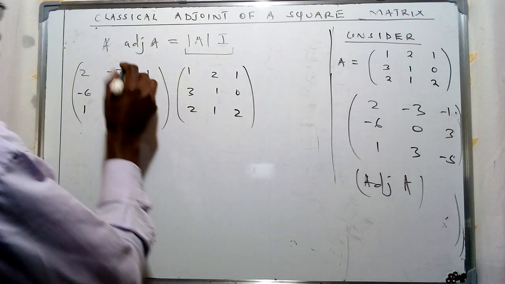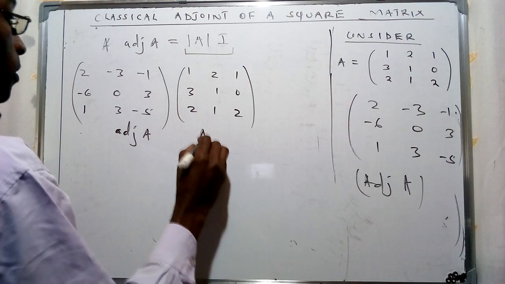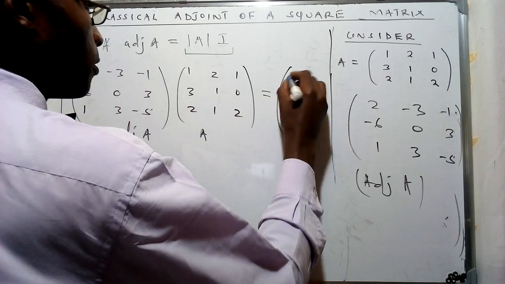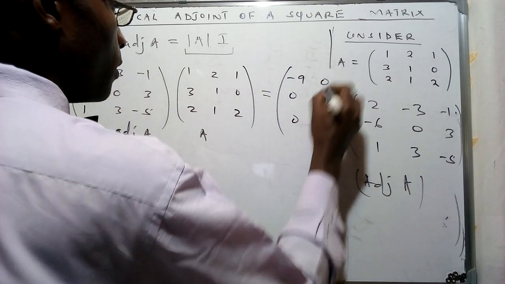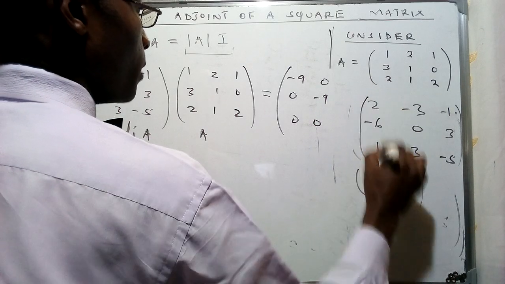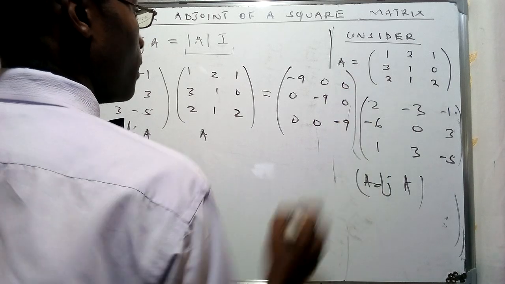So this is going to be the adjoint of A times A, and I'm finding the values -9, 0, 0, 0, -9, 0, and then 0, 0, -9.